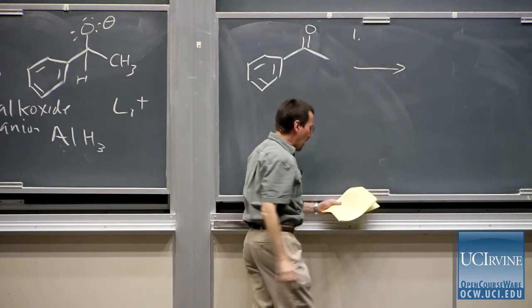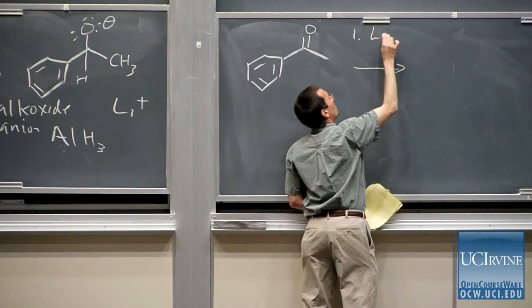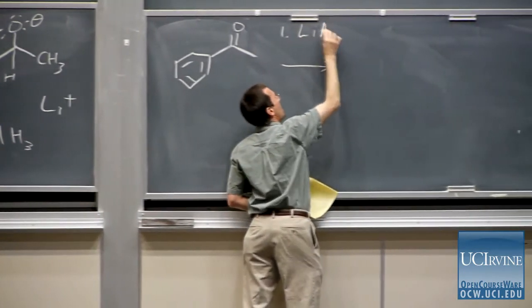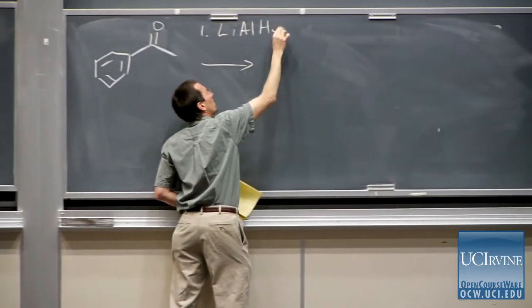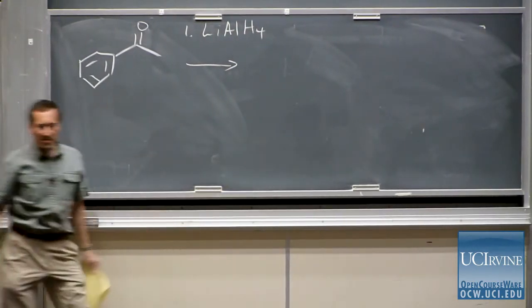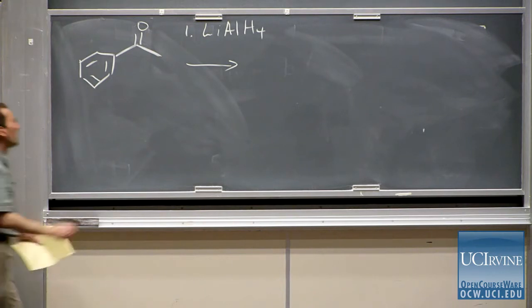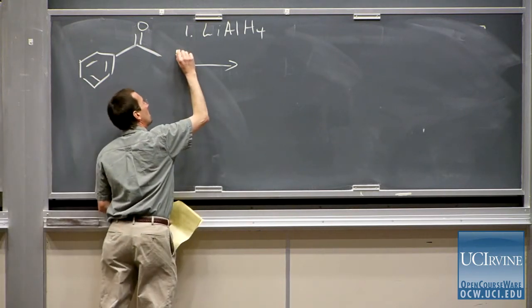And so step 1 is treatment with lithium aluminum hydride. I'll write it as LiAlH4, but sometimes you'll see it abbreviated as LAH, lithium aluminum hydride. And then I'll write in a second step in this recipe.